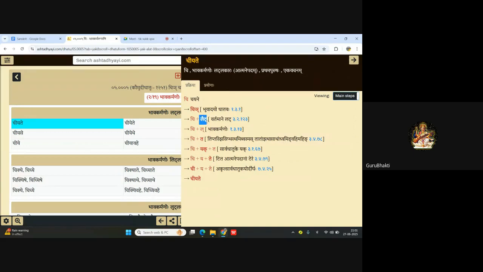This is lat lakara, which is not a krit pratyaya but it is sarvadhatuka. Here it is given as asarvadhatuka.